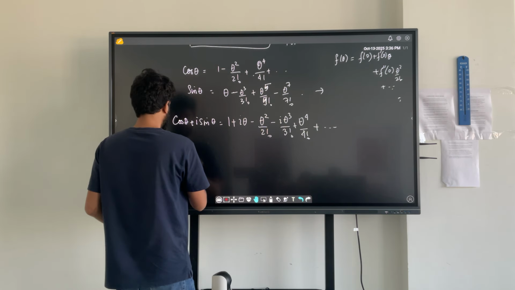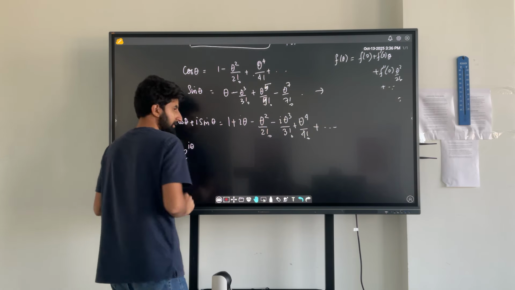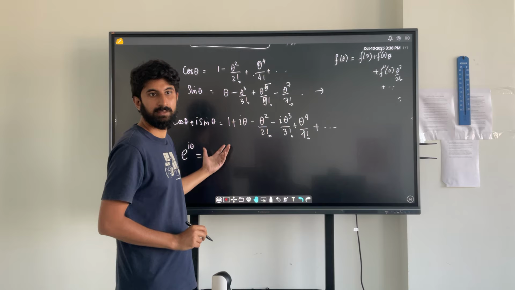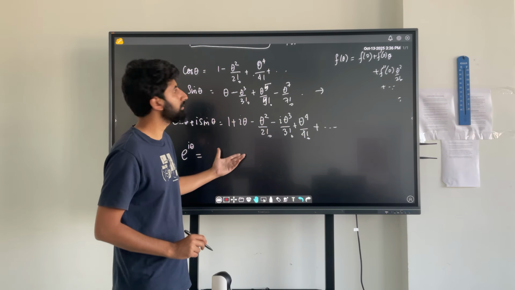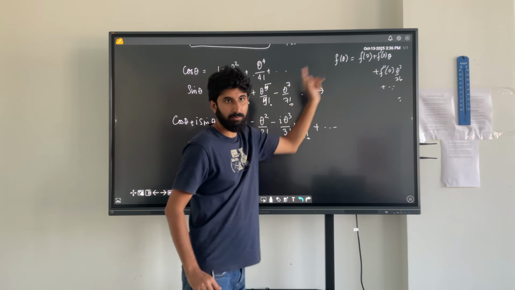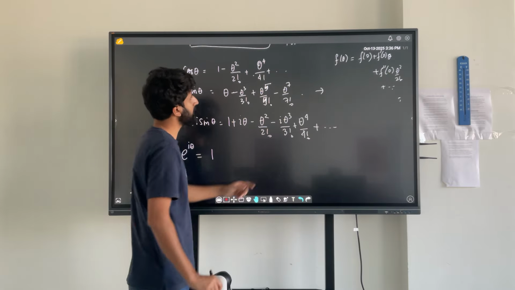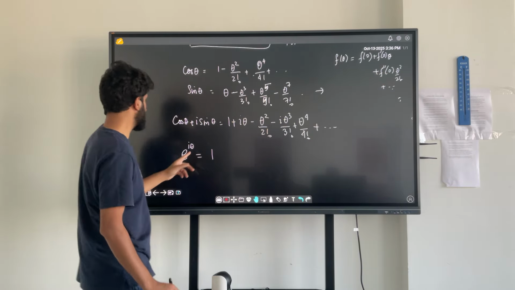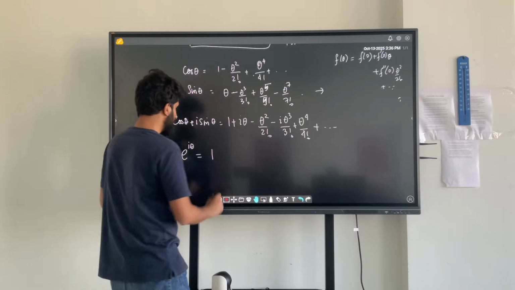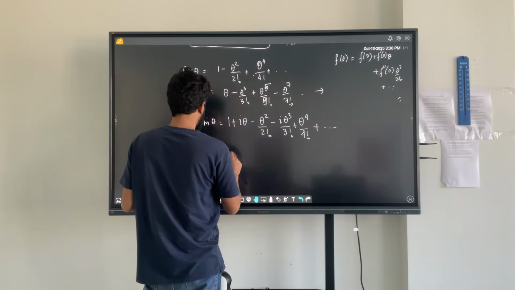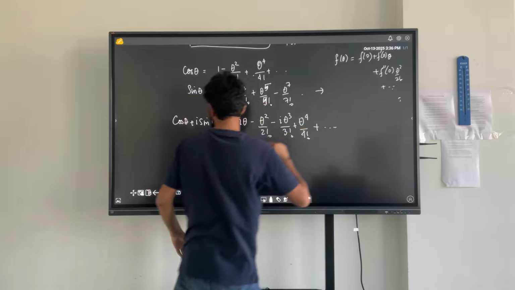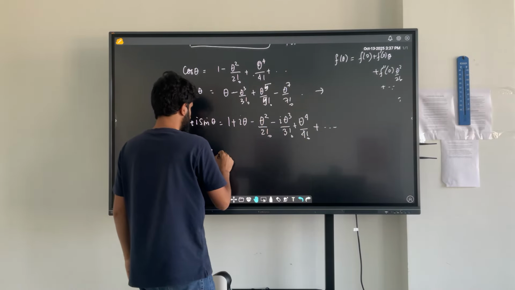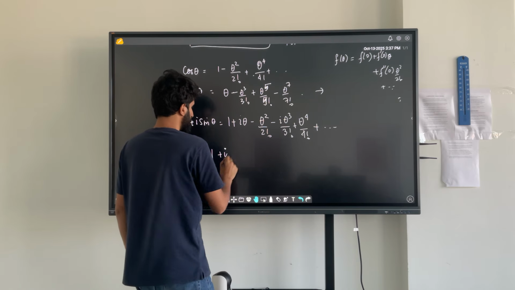So let's do the Taylor series of e power i theta. What is the first term? 1. Okay, what is the second term? Iota theta. If I evaluate at 0, it will become 1, but iota will come down due to differentiation, right? Iota theta.